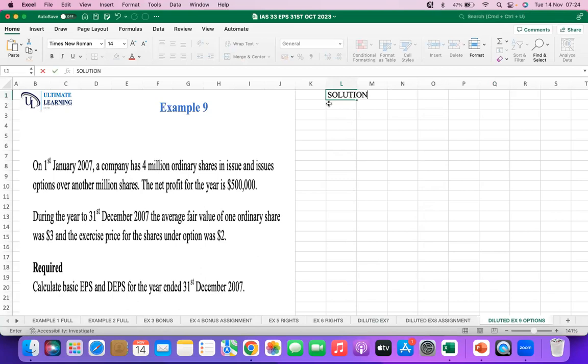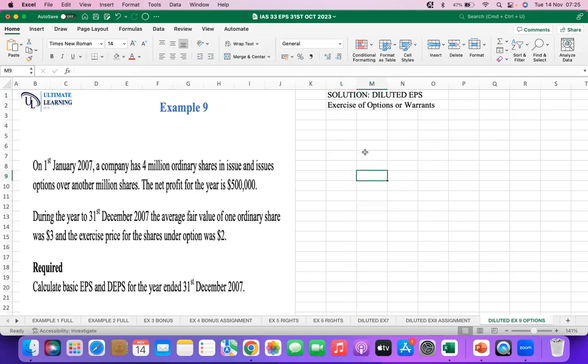In our solution, we want to look at diluted EPS, but our subsection is exercise of options or warrants.